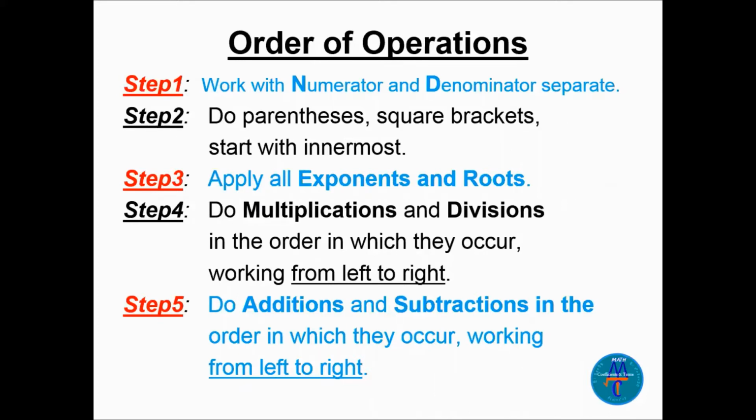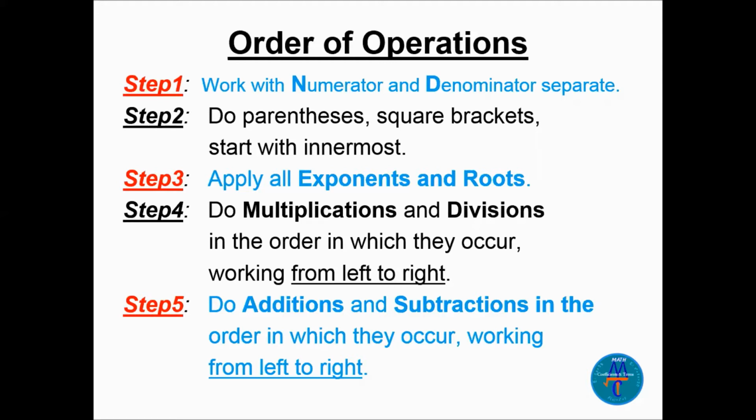Step number 3, apply all exponents, powers, and roots. If there are any powers, squared, cube, power 4, any radicals, do it after the parentheses. Step number 4, do any multiplication and division in the order they occur, working from left to right.